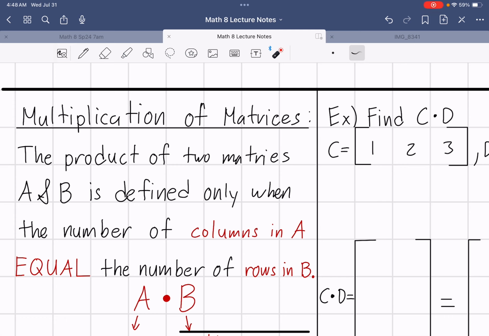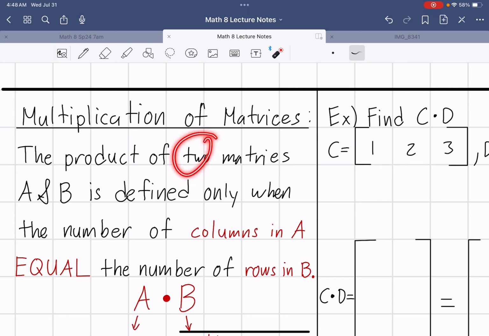There's a set procedure on how you do this operation. And that's the part of learning how operations behave within this context, or with vectors. That was a different context, and we needed to understand that. So the multiplication of matrices.